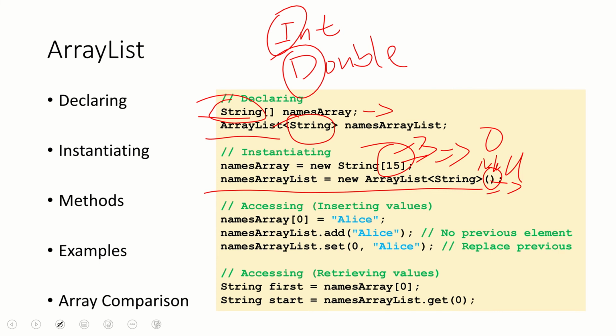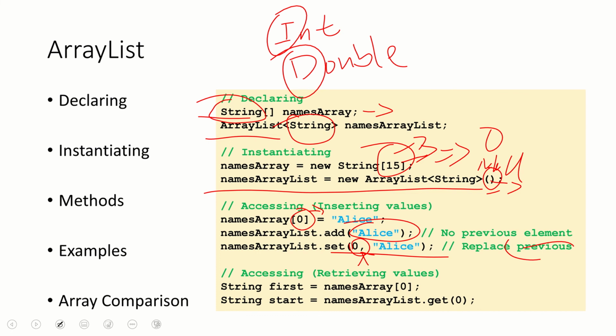That's one. If you want to access and reset the value for the array, you use the index. For the array list, if you start with 0, you don't have to put the actual index value there. If you want to replace the previous one, you just use the index and return the previous one based on this method.